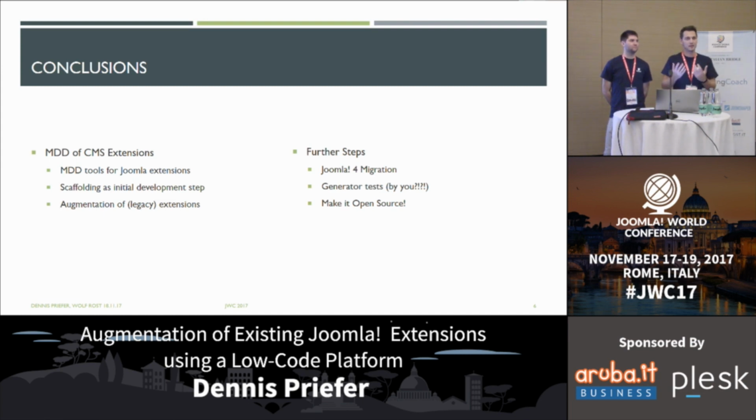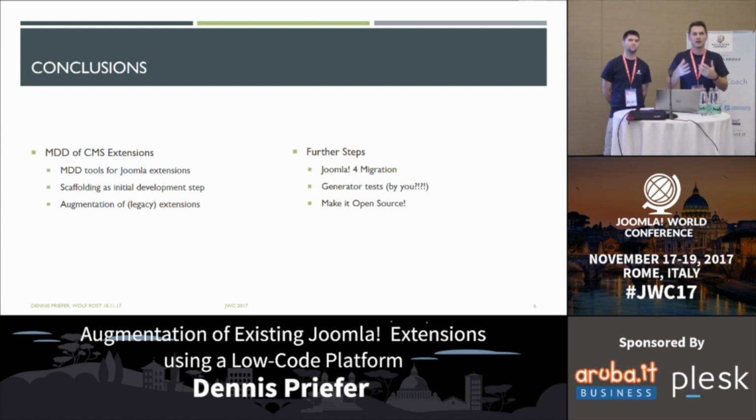It's not done yet. Currently, we have a branch where we create a Joomla 4 generator, and what we actually want to show is that you extract your existing Joomla 3 component, and then you refactor it on model level and create code for Joomla 4. So you have model-driven migration in that case.